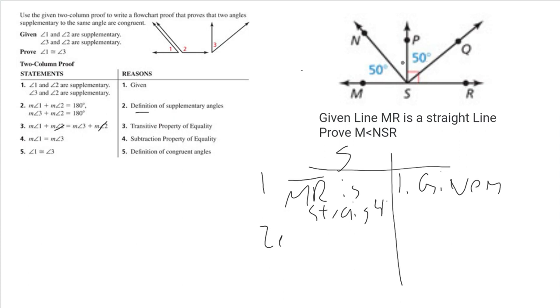So next I can then go and say, hey, I have a 90-degree angle. So that means that PSQ and QSR are 90 degrees due to it being a complementary angle.